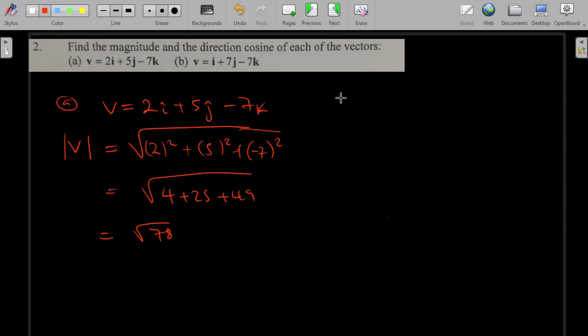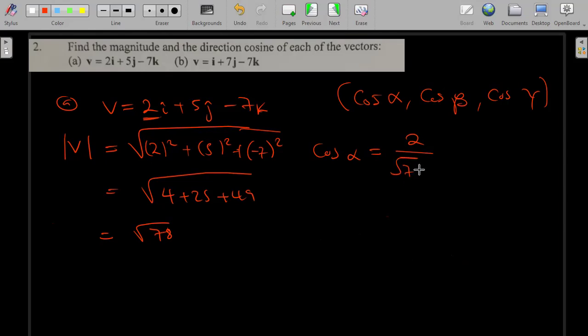So I'll have them in terms of cos alpha, then cos beta, then cos gamma, like this. So to get cos alpha, I'm going to divide my magnitude into the first component of my vector, which is 2. So I'll say 2 over root 78, like that.